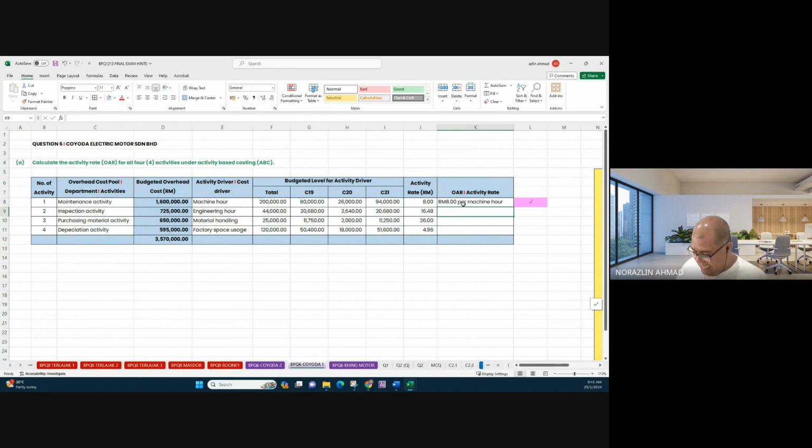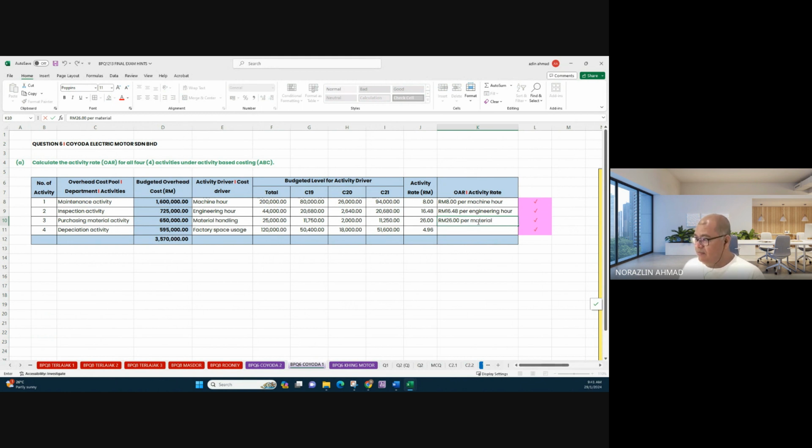Okay, this one is RM 16.48 per engineering hour. Okay, this one you can get 4 marks here. This one is 26 ringgit per material handling.